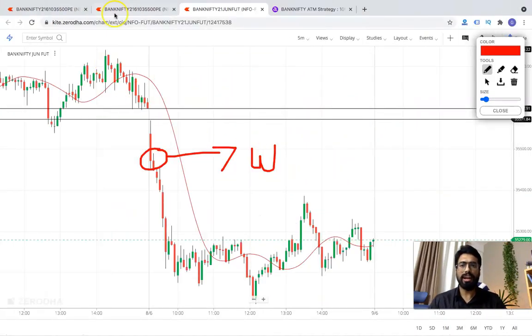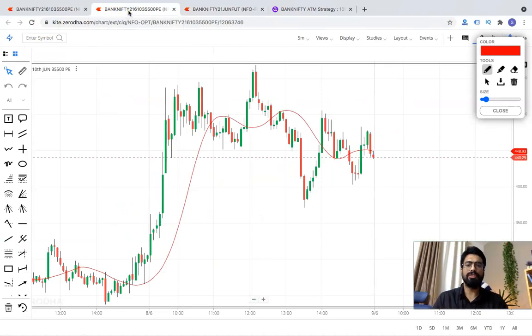Let's go ahead with the ATM strategy of the 35,500 put, and where to take the precise entry level. This is the area zone of around 330 rupees in the 35,500 put of Bank Nifty option ATM. This is the entry level. This entry level will show the strength of the move for the upcoming candle.